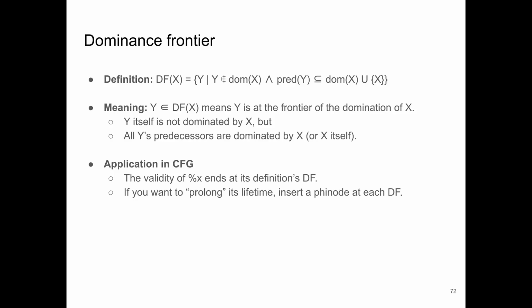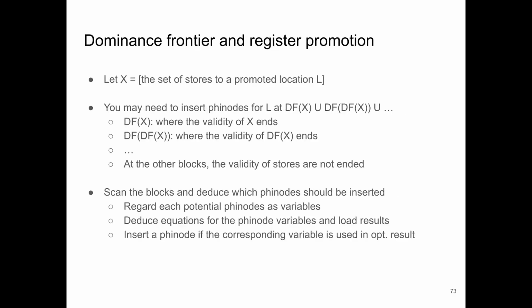So this idea, inserting phis at the dominance frontier to prolong the lifetime of a variable, is used in the mem-to-reg algorithm. So let me explain this in a little bit more detail.